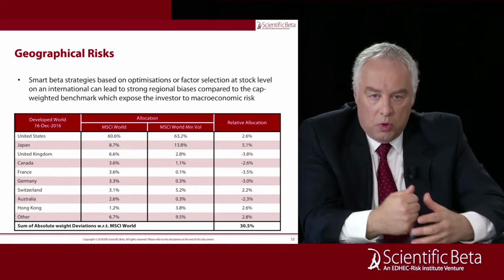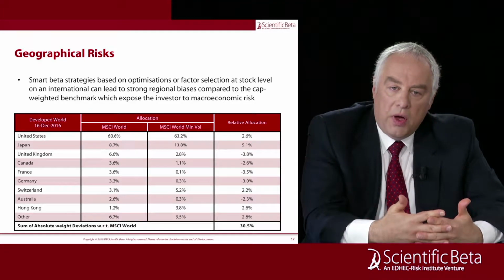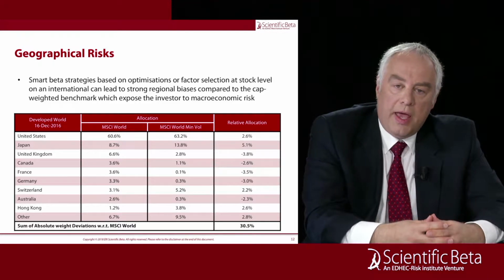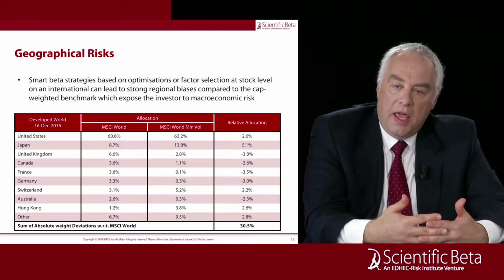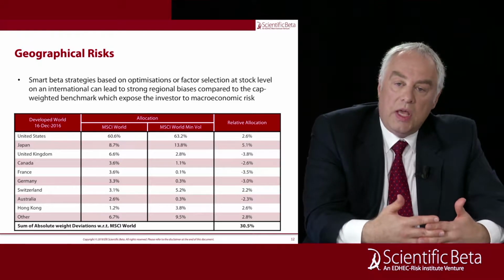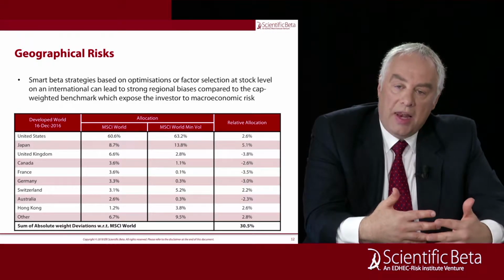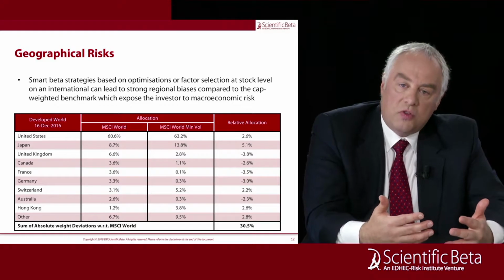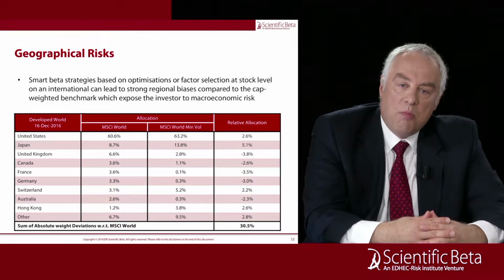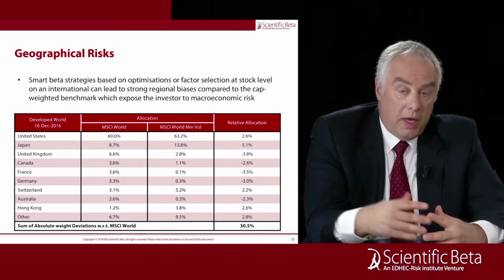So in the example we show here, we show the regional biases and the country biases you get by investing in the MSCI MinVol portfolio. What we can see here, we have some relative sector allocations. We have some allocations that are different relative to the cap-weighted index when you try to create an international portfolio in this way.